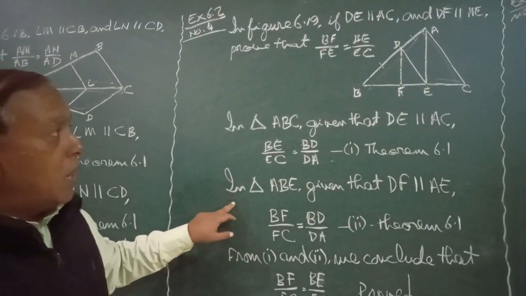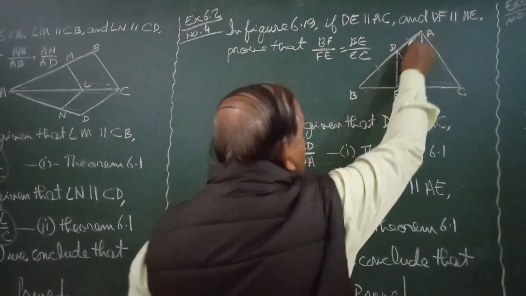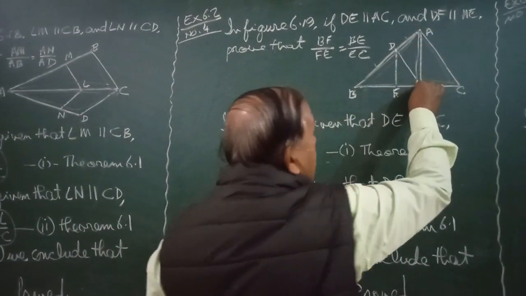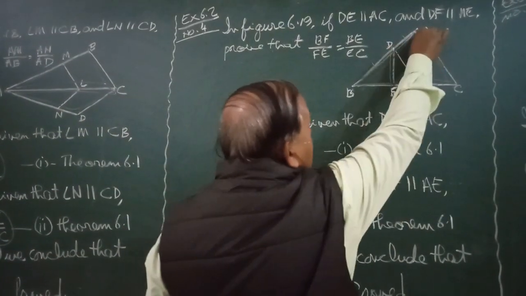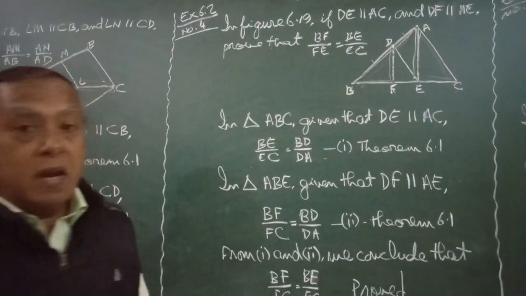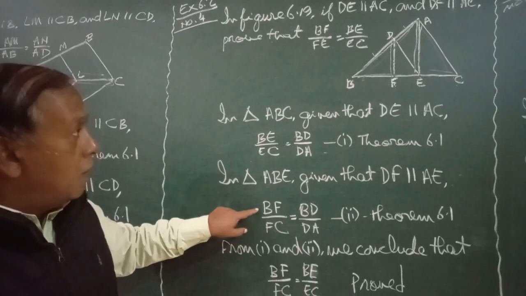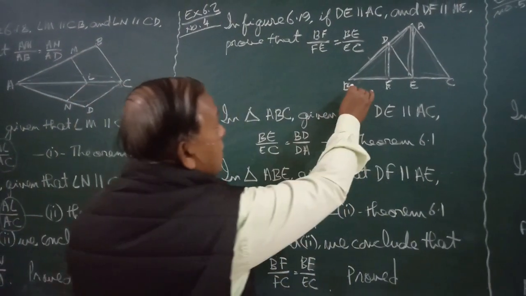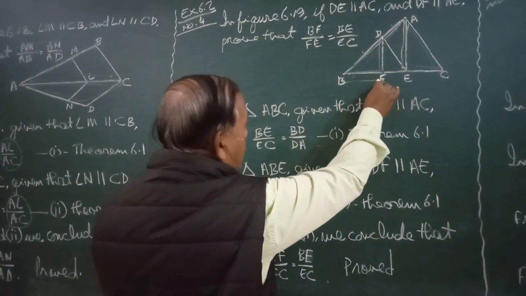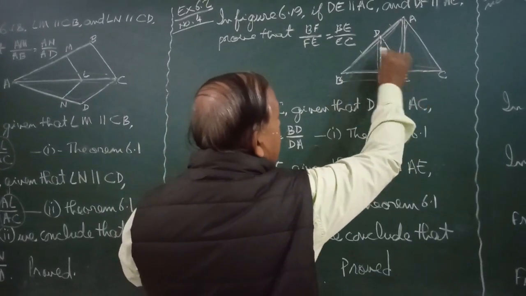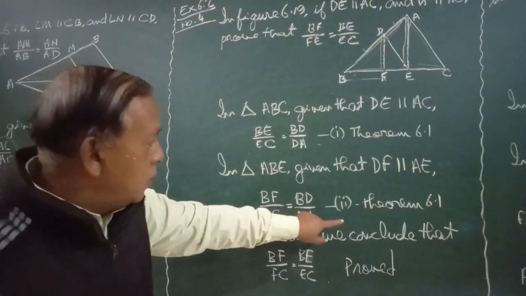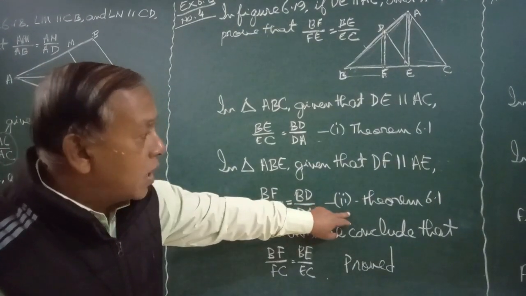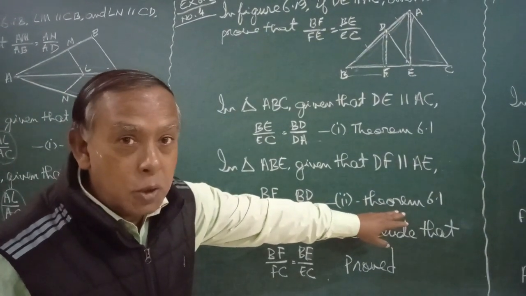In the second one, ABE, we have DF parallel to AE, and therefore we have BF upon FE equal to BD upon DA, which is again according to Theorem 6.1.